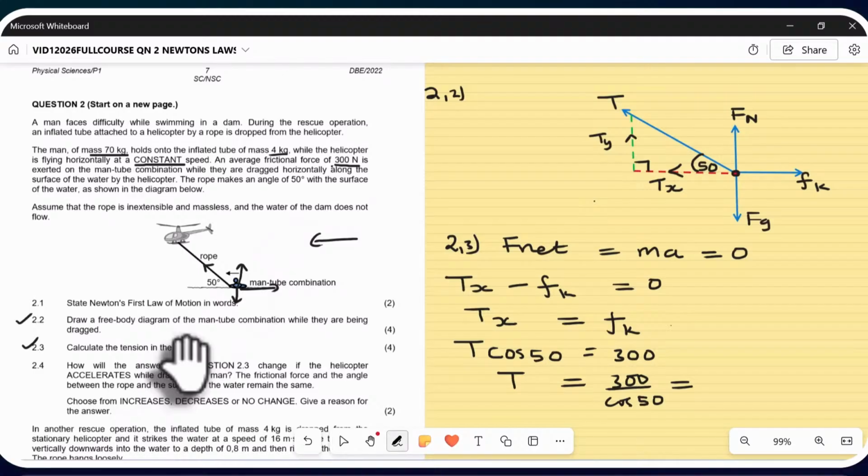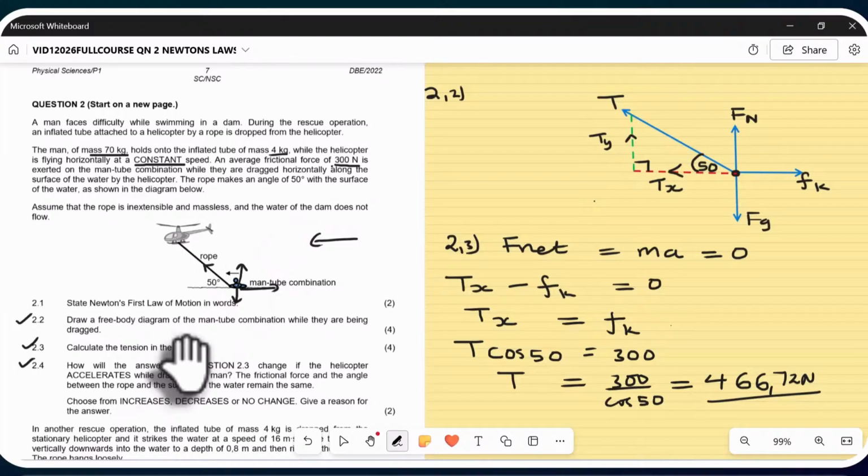Then they say how will the answer to the previous question change if the helicopter accelerates while dragging the man? The frictional force and the angle between the rope and the surface remain the same. Choose from increase, decrease, or remain the same. Remember at first it was a constant speed, whereby acceleration was zero, but now the helicopter is accelerating, which means acceleration is no longer zero.